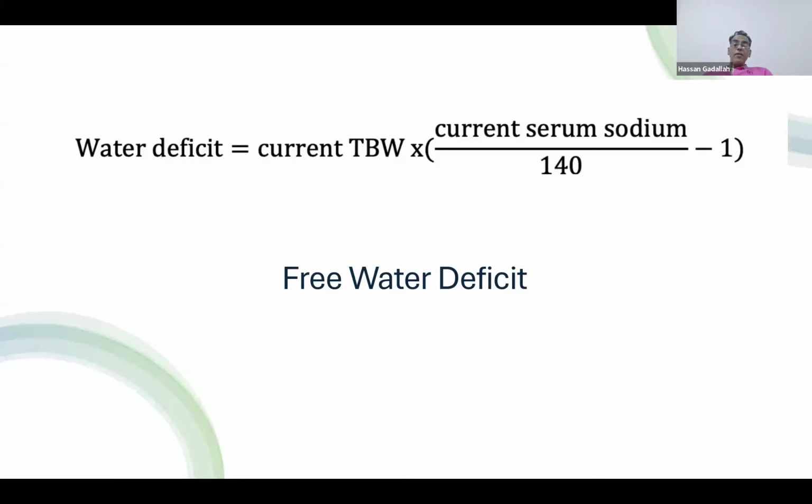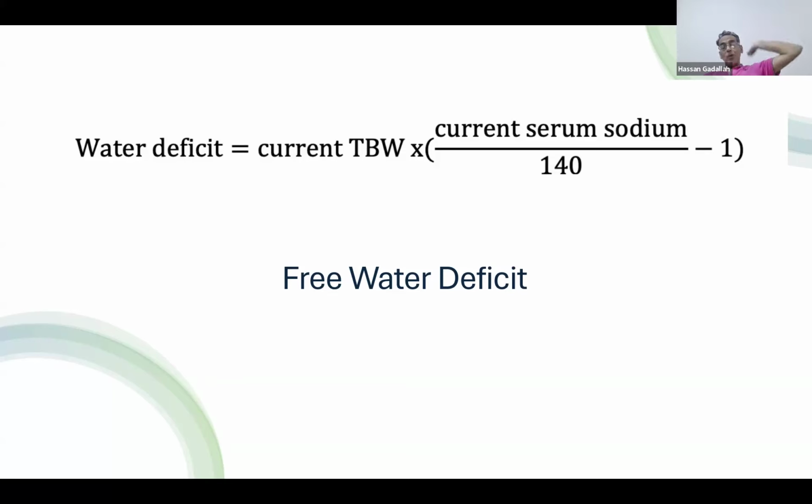So how can we calculate the amount of free water that we have to give the patient with hypernatremia to restore the sodium balance to normal? This formula calculates the free water deficit.